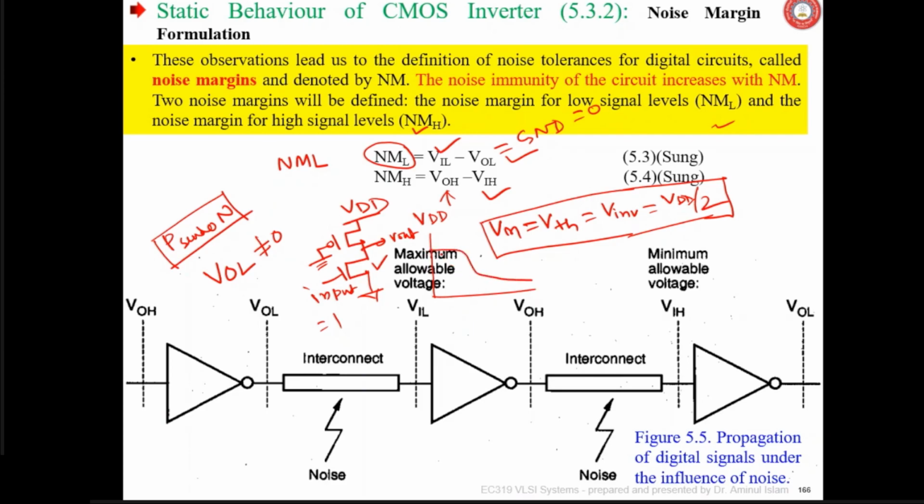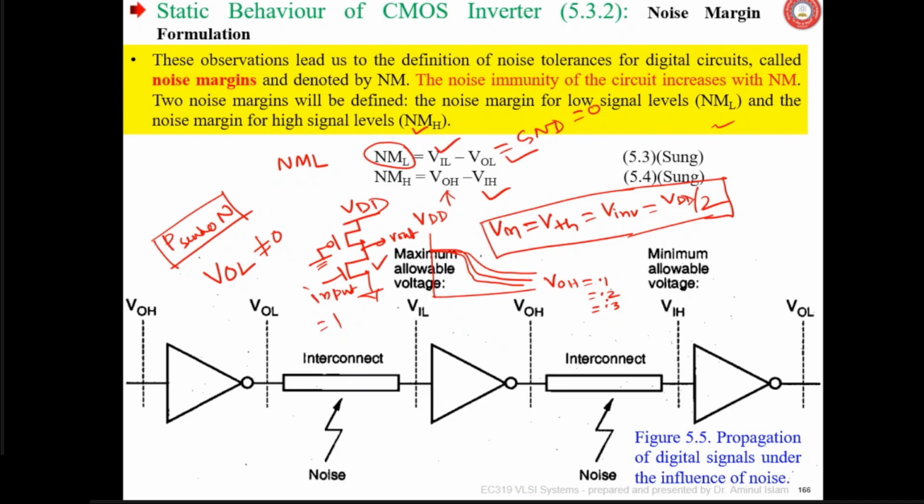It is going to be somewhat above 0. That depends on how much it is, whether 0.1 volt, 0.2 volt, or 0.3 volt. That will depend on the strength ratio, or simply, if length is the same, then on the widths of the NMOSFET and PMOSFET. The strength of an NMOSFET or PMOSFET can be increased by its width, keeping L the same.